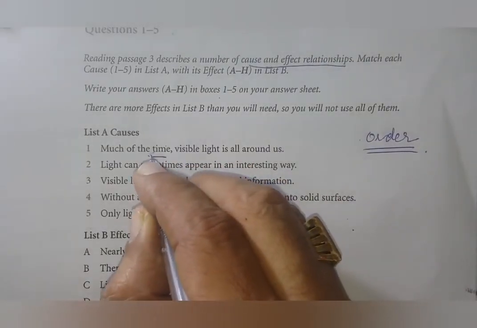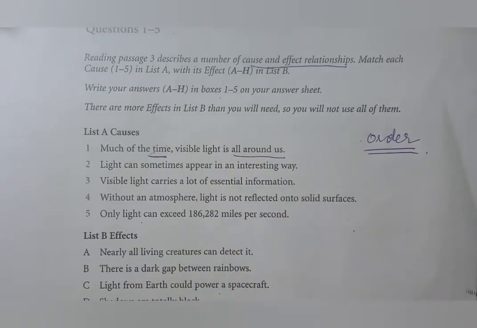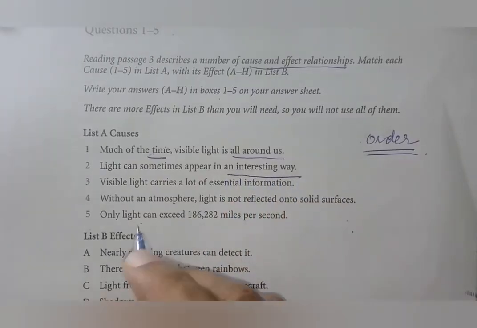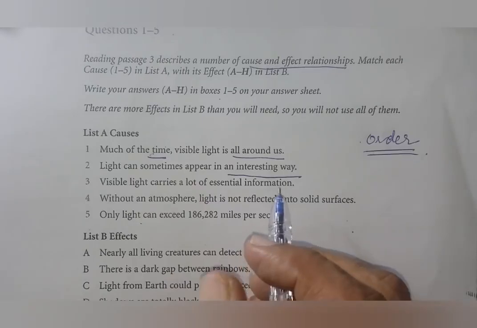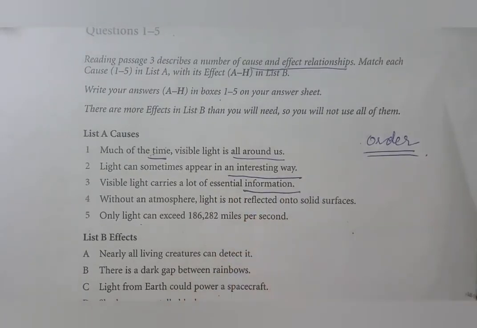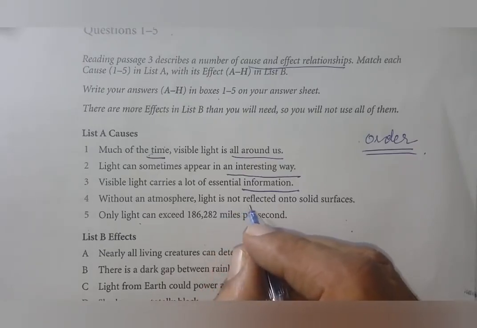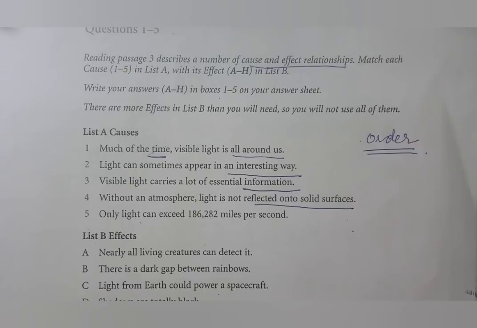So here, time, second is all around us. Second, light can sometimes appear in an interesting way. Visible light carries a lot of essential information. Without an atmosphere, light is not reflected onto solid surfaces.